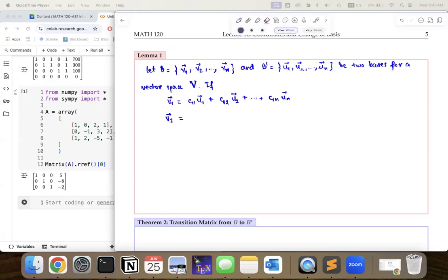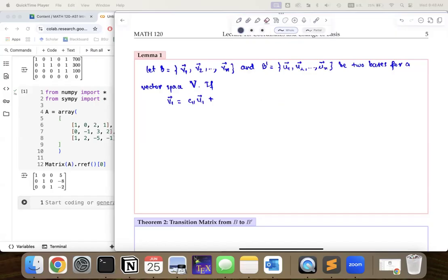Sorry, I made a mistake here. Bear with me, I confused myself with the notation a little bit.